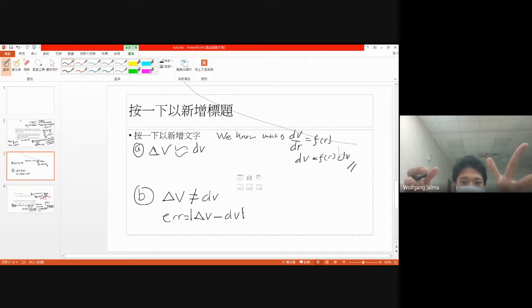Because our dV doesn't actually match delta V. I think that's the point of linear approximation. You will learn more about approximation next semester, not just linear approximation but higher approximation to get more accurate results. But for most cases, linear approximation is good enough.